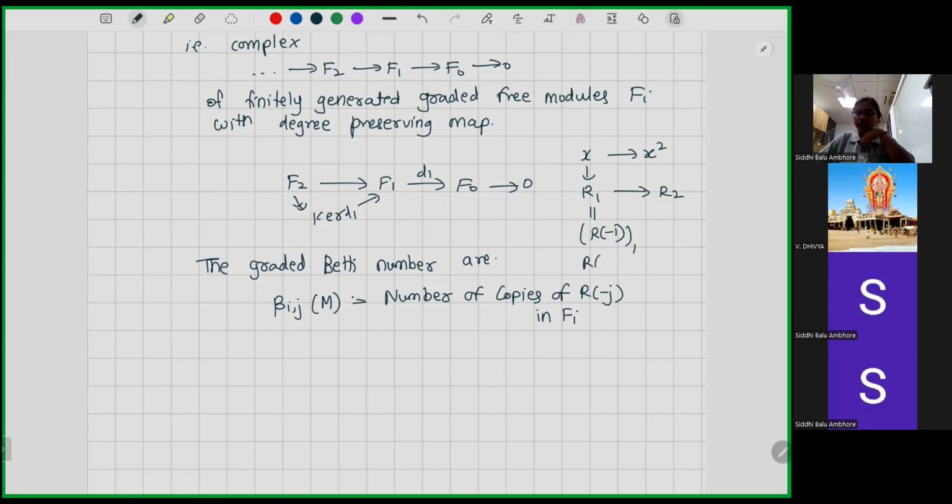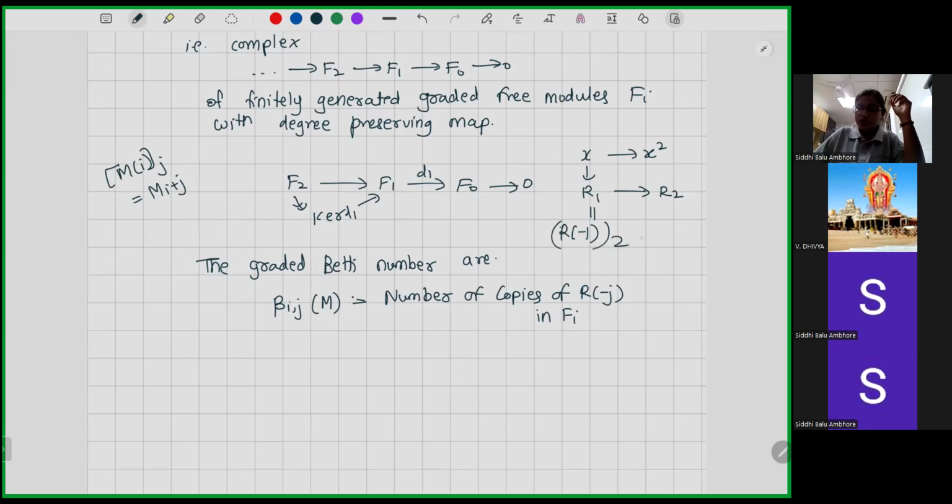So what we have is M_i M_j is M_(i+j), right? So I want this to be R2. But it is R1, so I need to have minus 1 here.